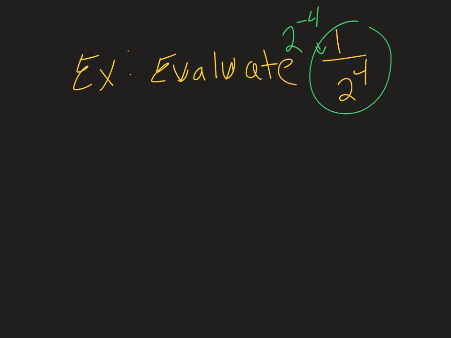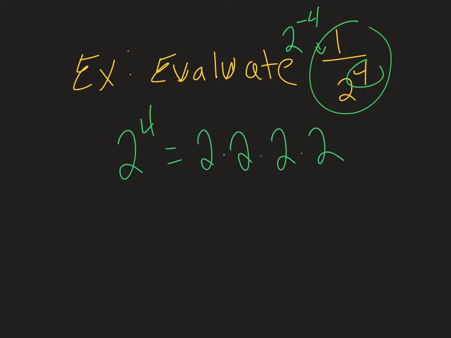I don't necessarily know what a negative exponent means, but I do know what a positive one means. 2 to the fourth would be 2 times 2 times 2 times 2. There are a lot of ways you can go about it. You can say 2 times 2 is 4, times 2 again is 8, times 2 again makes 16. Or you can make groups: 2 times 2 is 4, you've got 2 of those, and 4 times 4 makes 16.